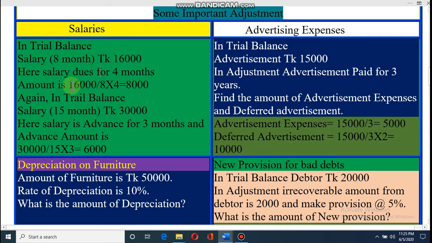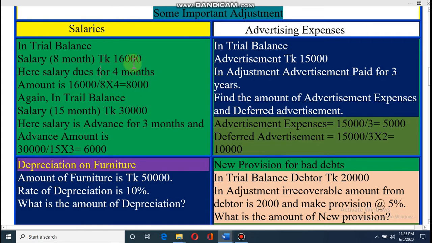This is very easy math for class 4 and 5 students. 16,000 salary is given for 8 months. So per month equals 16,000 divided by 8. You will get 1 month's salary, that means 2,000. And 4 months due, so 2,000 into 4, total 8,000.